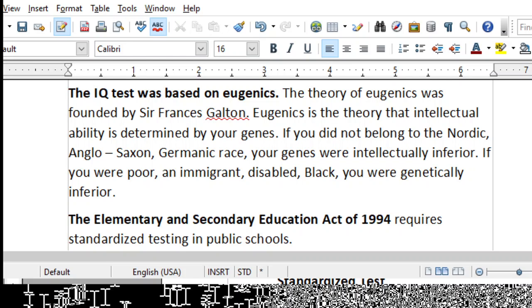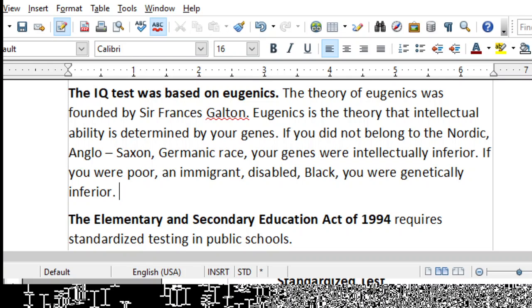And eugenics is the theory, and I'm just summarizing it, that if you don't have the DNA, the genetics of white people, then you are intellectually inferior, that you're not as smart as white people.